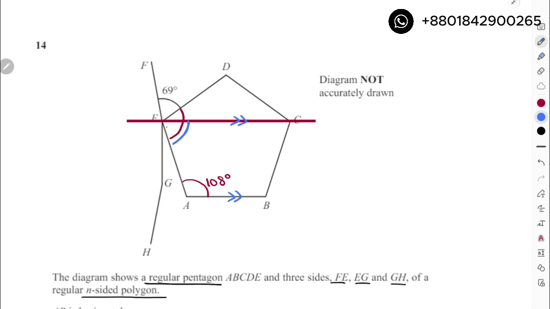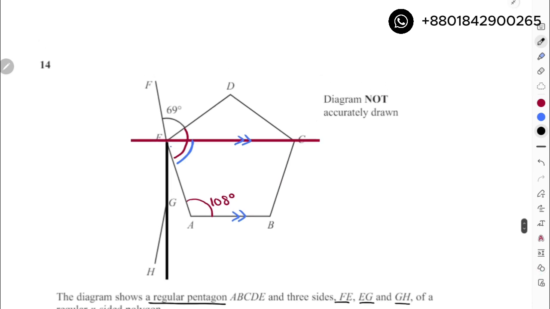And not only this, from this part I can also understand that your EG was vertical, as you can see clearly that EG was a vertical line. So using this EG vertical concept, I can also find out this portion of the GEA angle.